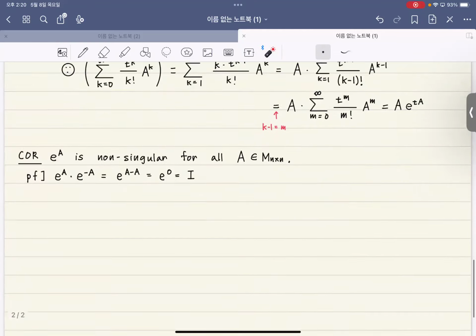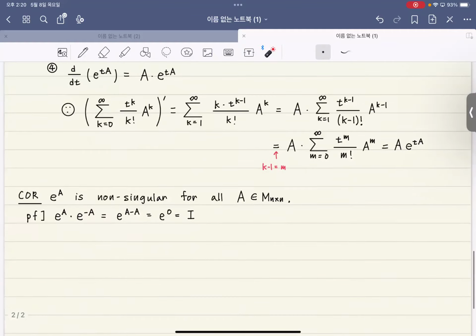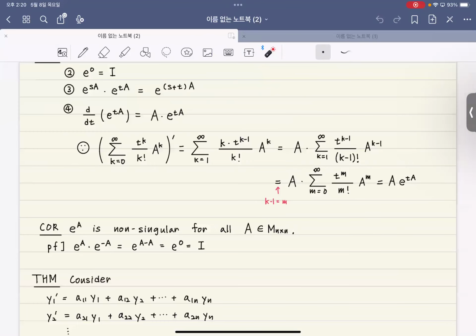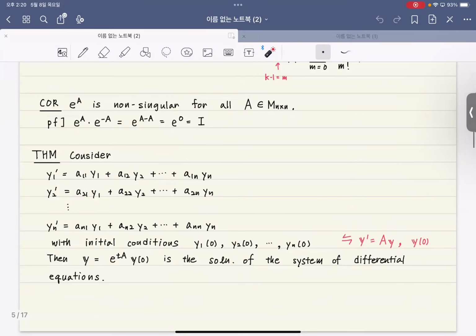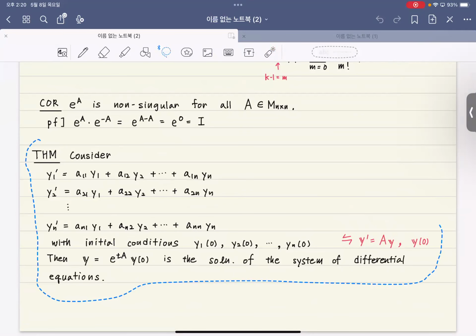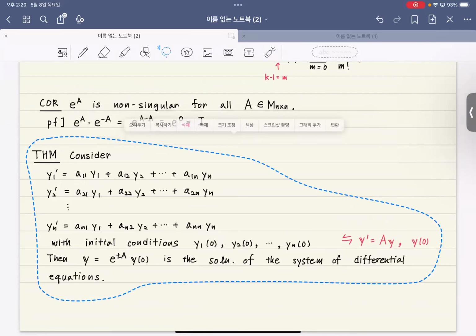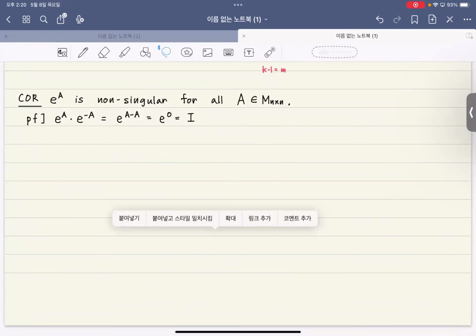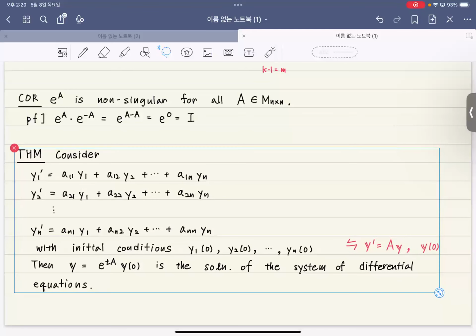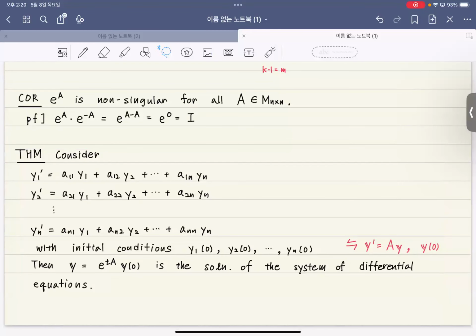Now I want to generalize this. Let us consider a system of differential equations. This is not a 2 by 2 system, but an n by n system.